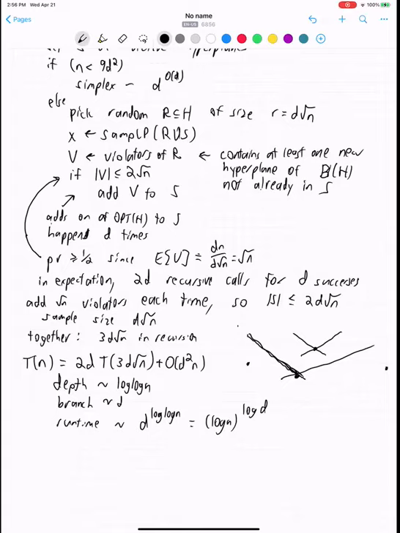Exactly. Why is that d squared root n? That's just algebra, right? You've got to check which side of a d-dimensional hyperplane a particular vertex is on. So actually, wait, maybe that's dn? Where does the d squared come from?